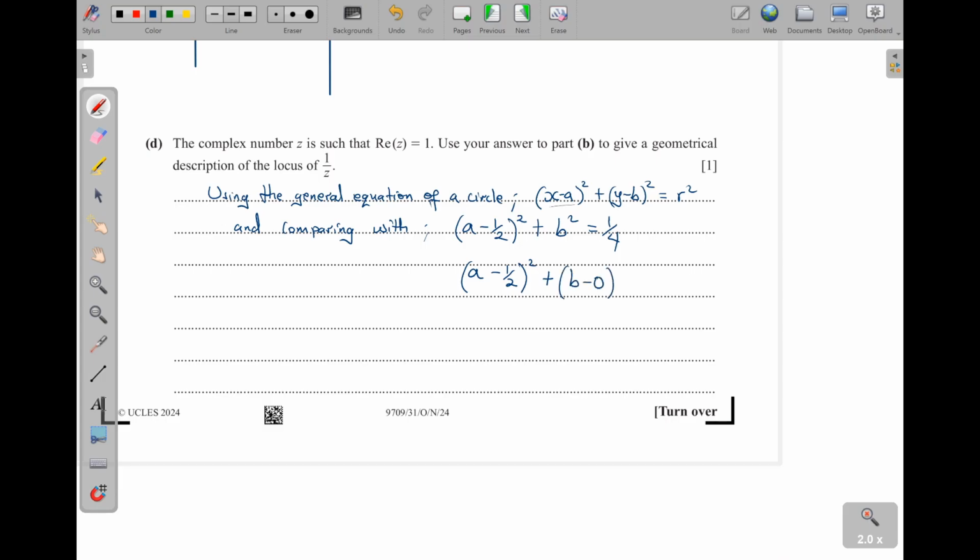If I try to put it in this other format, the equation of the circle, okay?